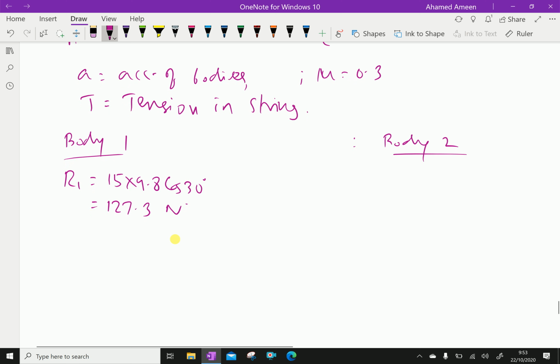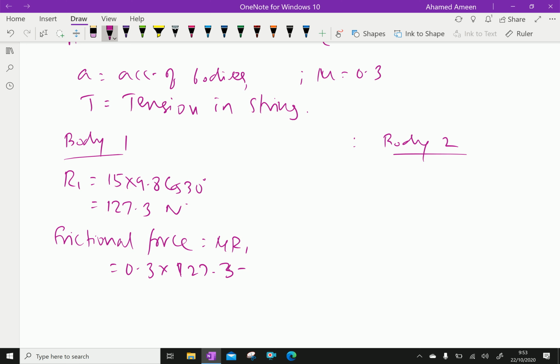Then the frictional force is mu R1, which equals 0.3 into 127.3, which gives 38.2 Newton.